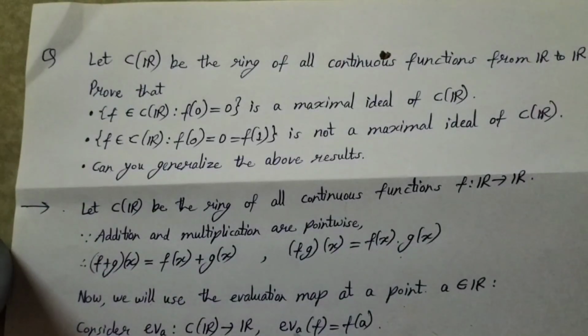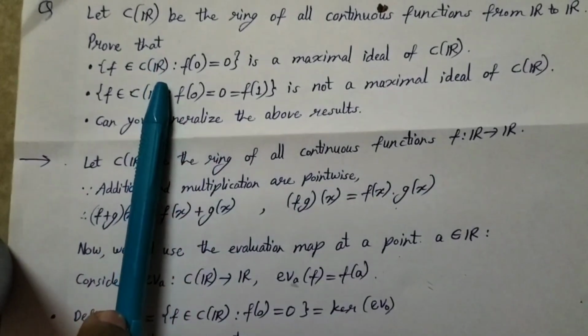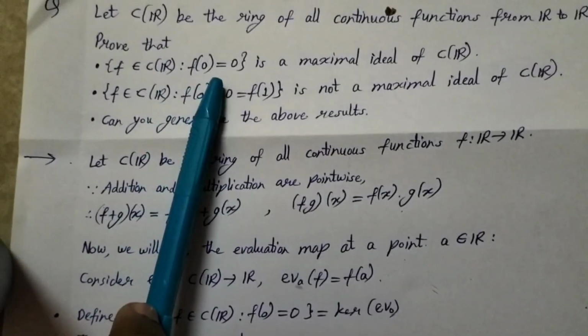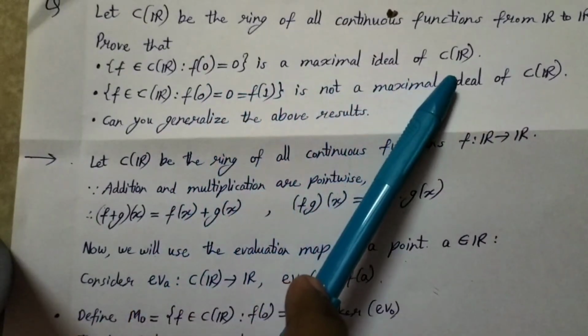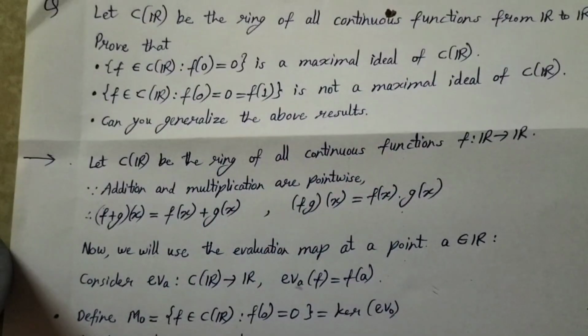So now let's prove the first result, that is, {f belonging to C of R such that f of 0 equal to 0} is a maximal ideal of C of R. But before starting this, let's write some introduction about the entire problem.